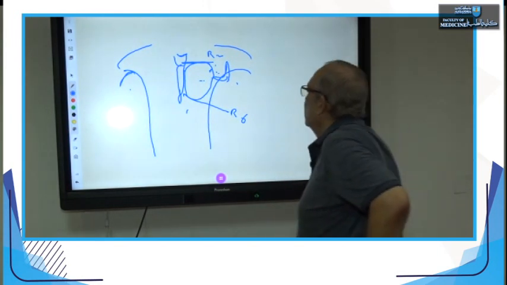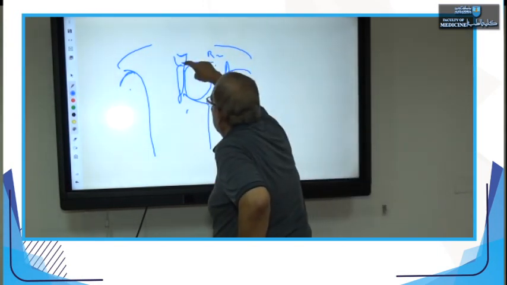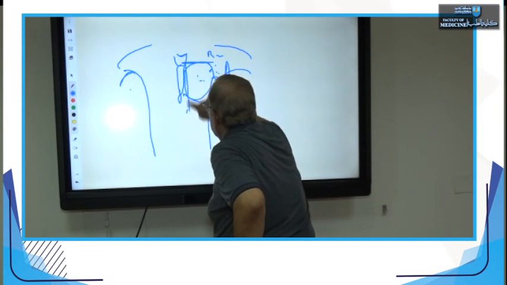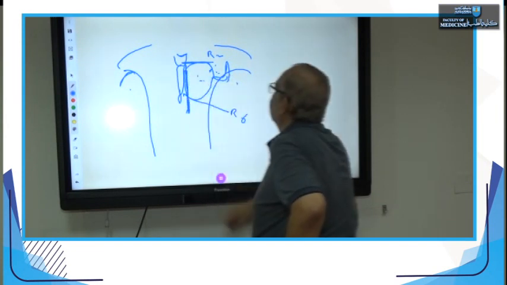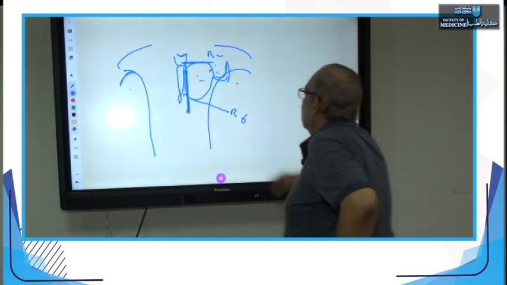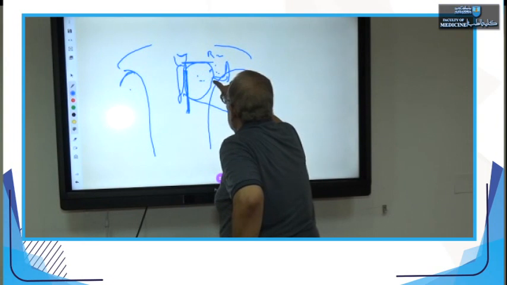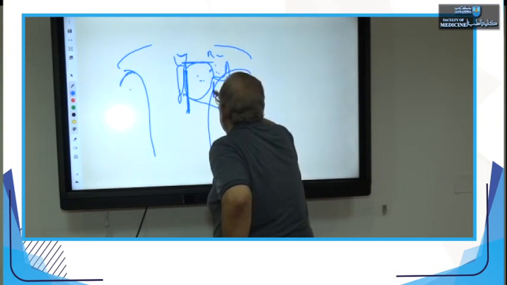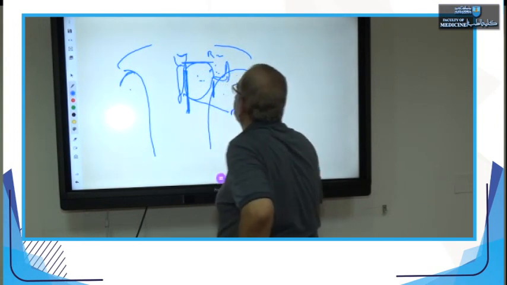Medially, the breast is limited by the lateral border of the sternum. And laterally, it goes into the axilla till the mid-axillary line.